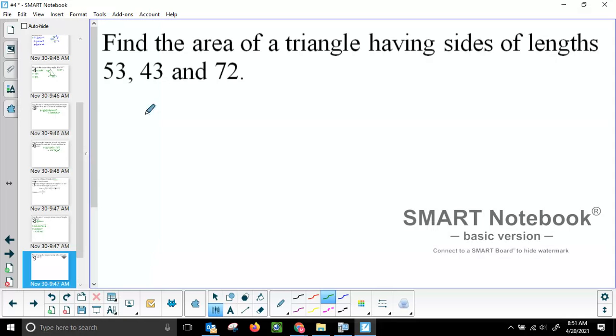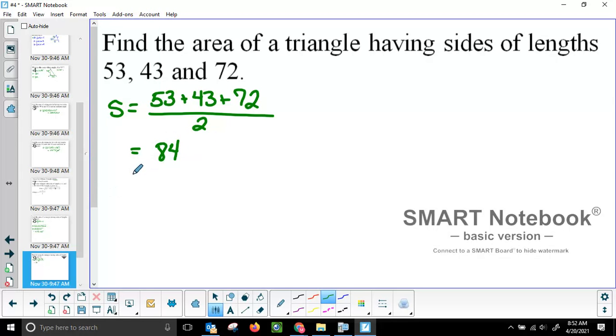All right, so again, of course, we need to find S, which is A plus B plus C divided by 2. So that's going to be 168 divided by 2, so 84.